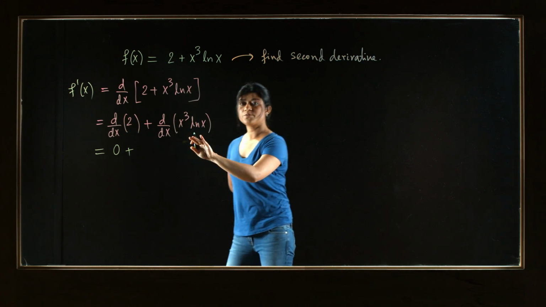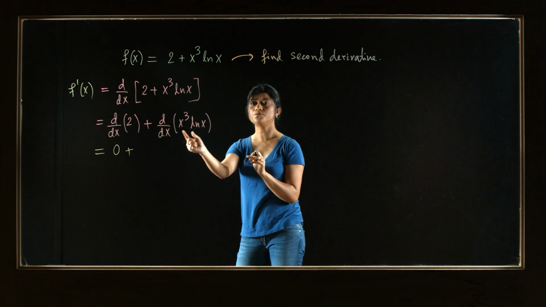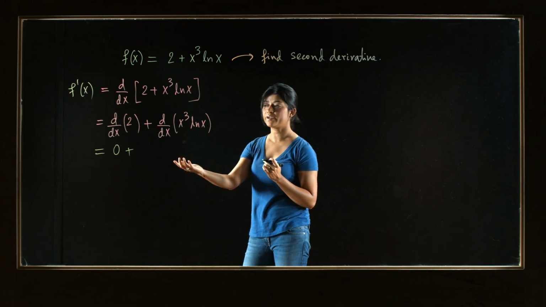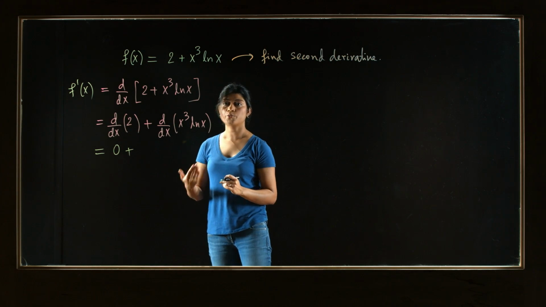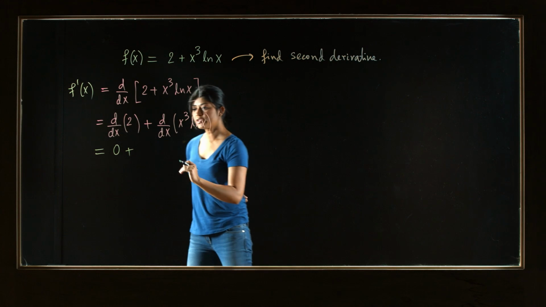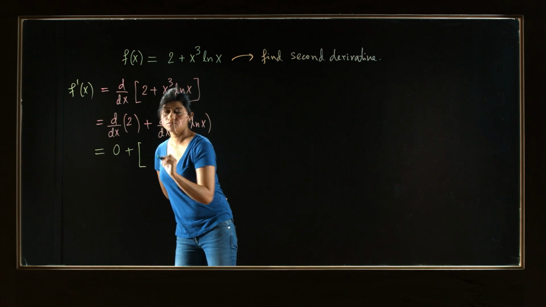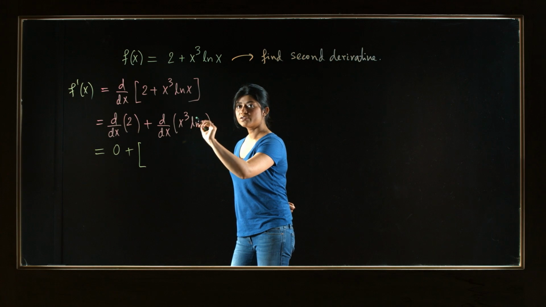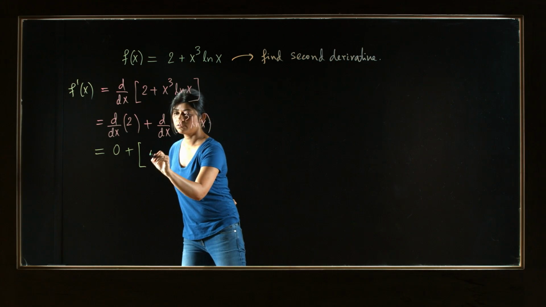For the second expression, this is a product of two functions. One function is x cubed, the other one is natural log of x. So we have to apply the product rule. And the rule says you keep one of the functions fixed, don't change it.